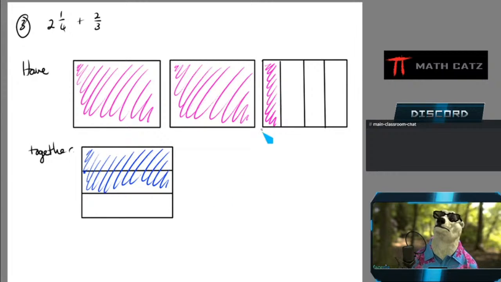For the portions that aren't complete whole loaves of bread, I do, however, need to split them up and compare the pieces. So I'm going to split the last pink one up according to the other denominator, which is 3 pieces, or slices rather.